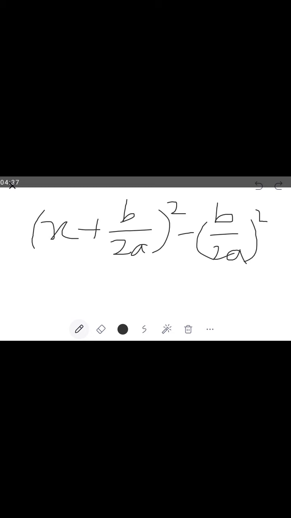Then the equation will be like this: plus c upon a is equal to 0.